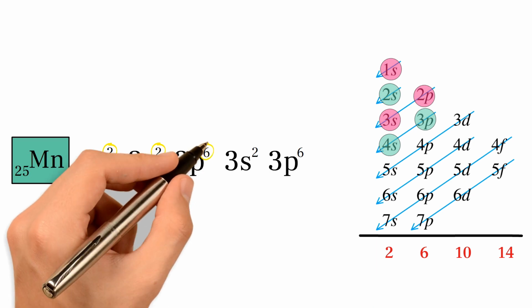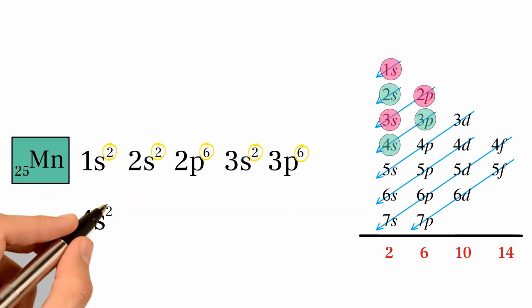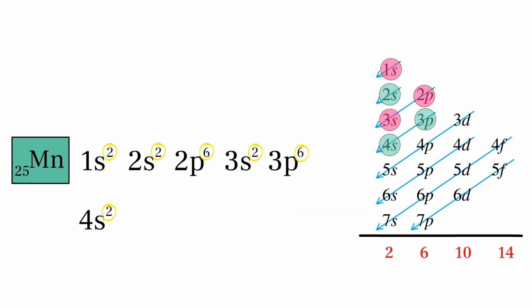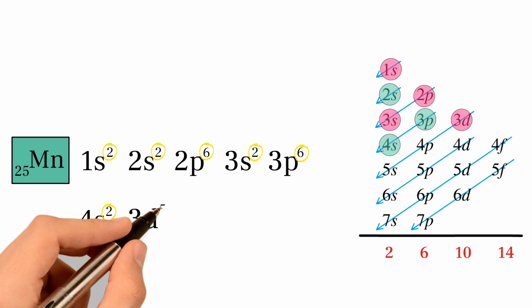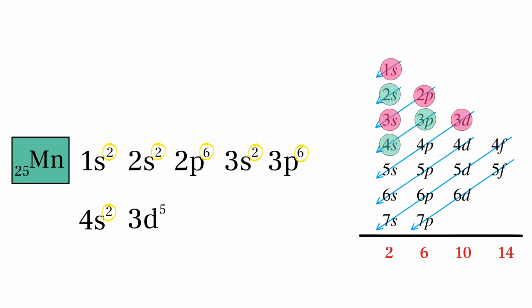As we see, we distribute 20 electrons and we have 5 electrons left. So we will add them all to the 3d level because the maximum capacity of the d orbitals is 10 electrons.